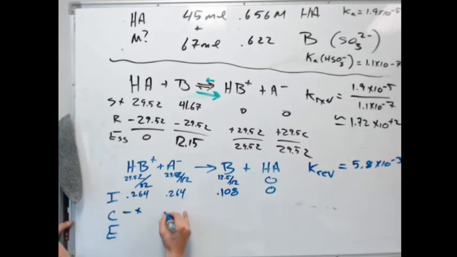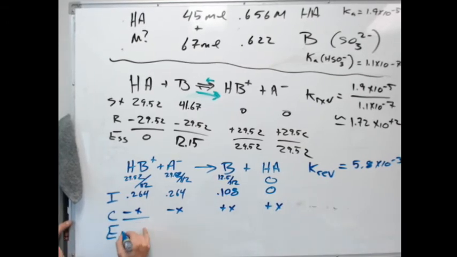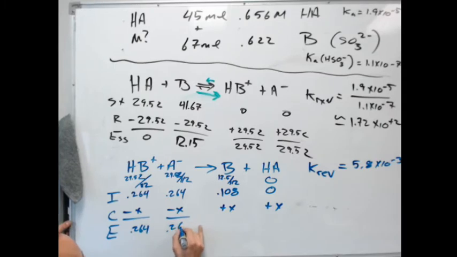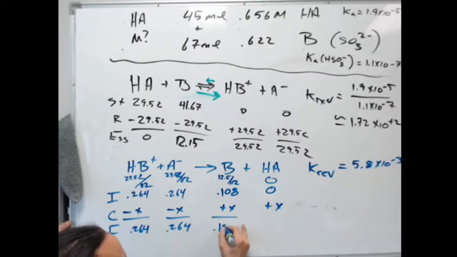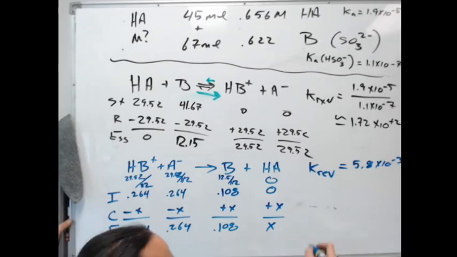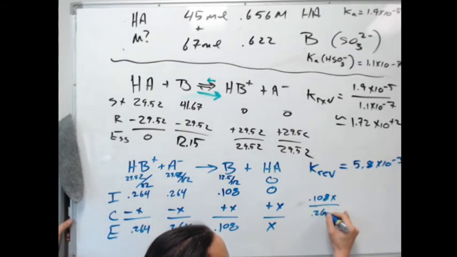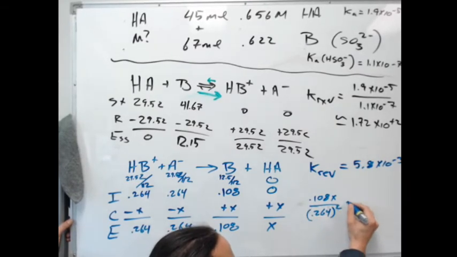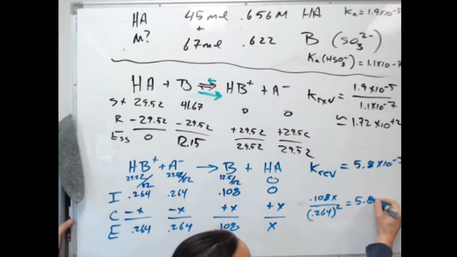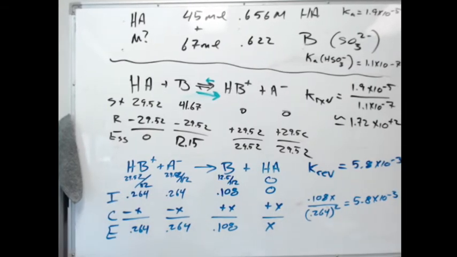So I'm going to do minus x, plus x, plus x, approximately 0.264, approximately 0.264, approximately 0.108, and x. I'm going to plug that all in, so I've got 0.108x divided by 0.264 squared is equal to 5.8 times 10 to the minus 3. Solve for x.